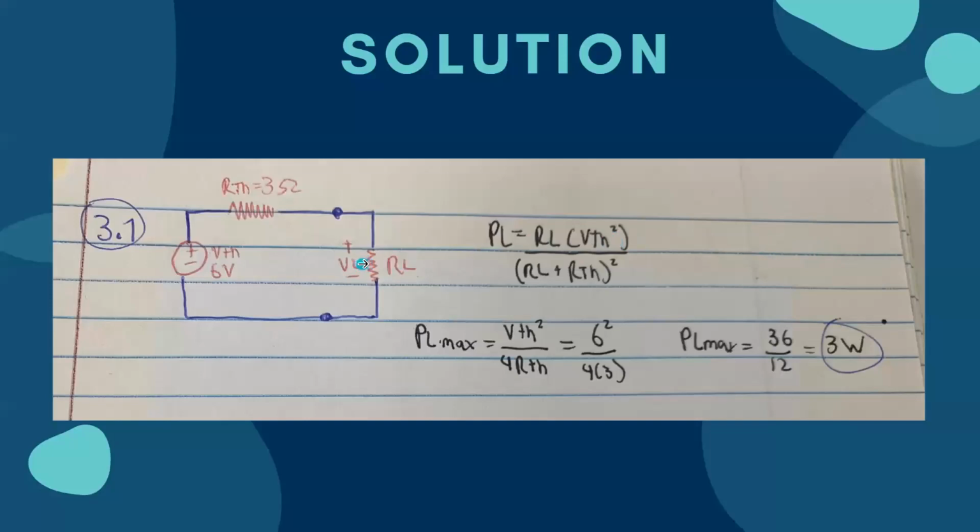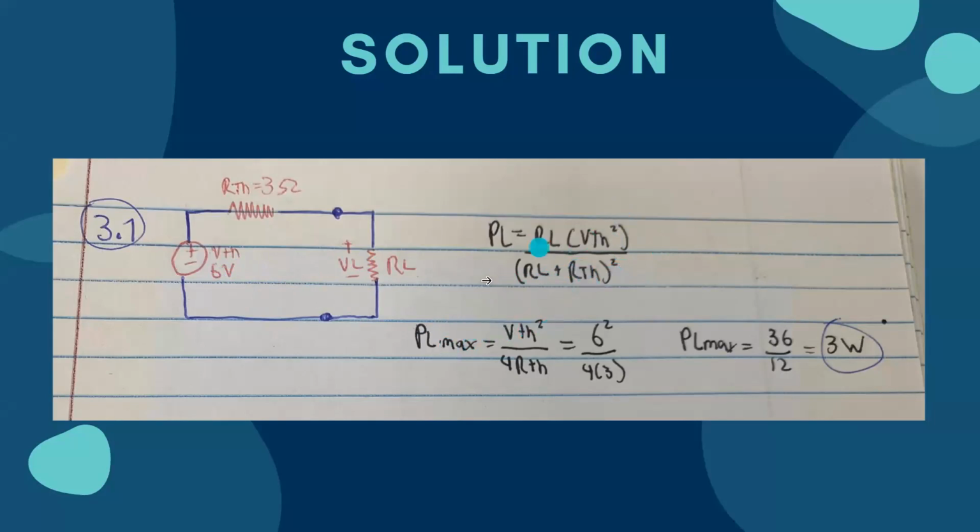The solution for this: to start, we draw our circuit including the RL and the values obtained in the previous steps. To continue, we use the power formula to find the maximum power of the circuit. This formula states that we multiply the resistance RL by the Thevenin voltage squared and divide all this by the sum of the resistance RL and the Thevenin resistance, squared.